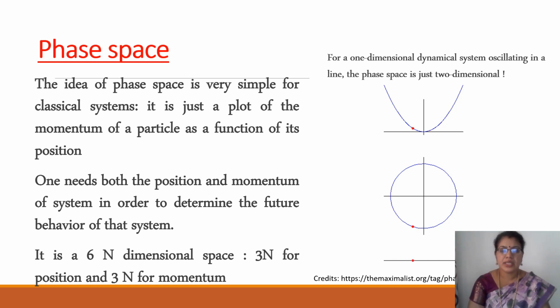In order to get the information about all possible states, in order to determine the future behavior of the system, we need the information about both the position as well as the momentum of the system. So as we plot the momentum of a particle as a function of its position, we end up with the phase plot. It is a 6n dimensional space, 3n for position and 3n for momentum.